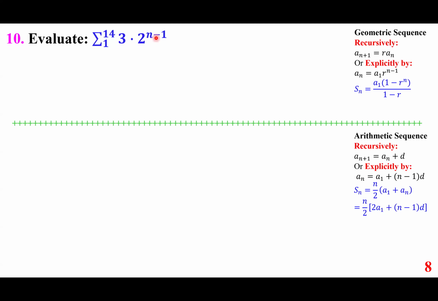If I put 2, I get 2 times 3 is 6. If I put 3, 3 minus 1, 2, 2 squared is 4 times 3, 12. So I hope you see that we get this, which is obviously a geometric sequence. And by the way, this is a format of a geometric sequence. A sub n. And so the first term is 3, and r is 2.